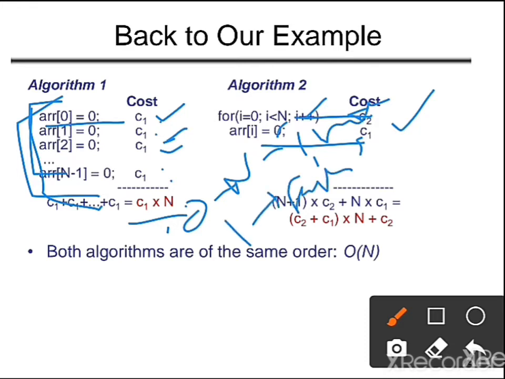So n plus 1 times into cost c2. Then the body is only executed n times, whenever the for loop condition is true, that is n times. So array of i equal to 0 is executed n times and the total cost is n into c1. So the total cost is represented here as c1 plus c2 into n plus c2.